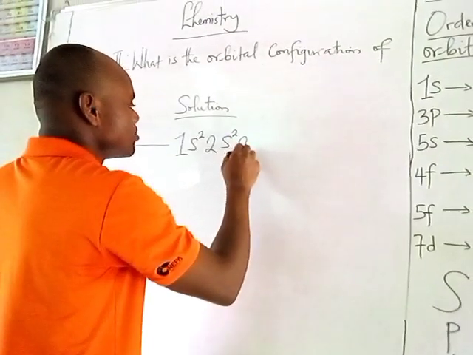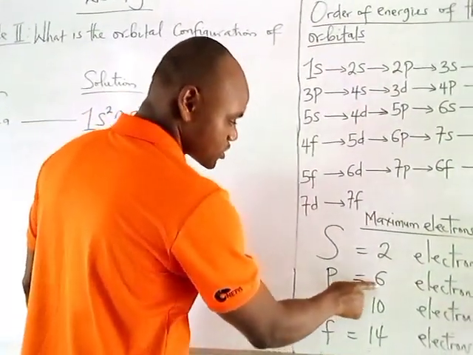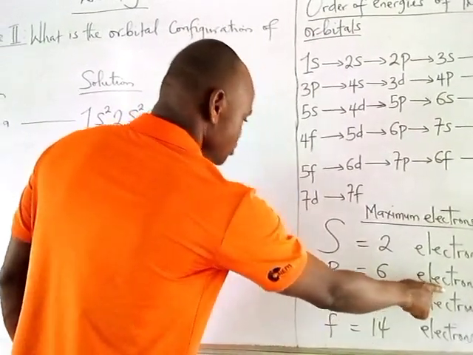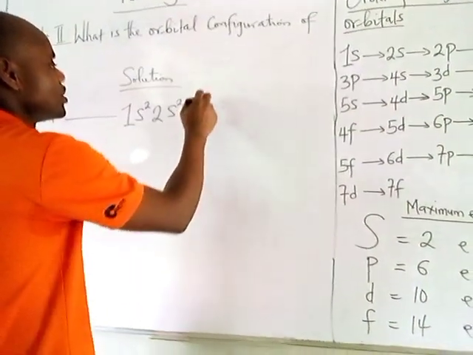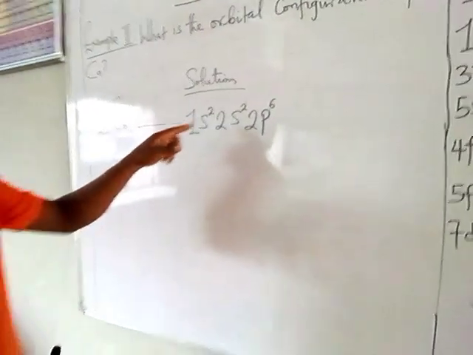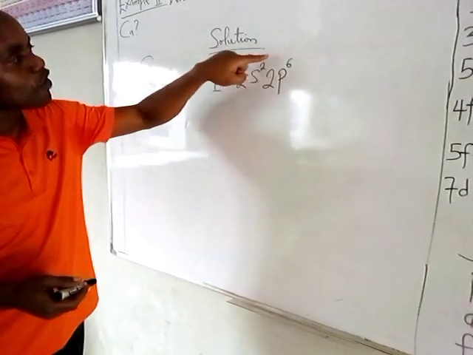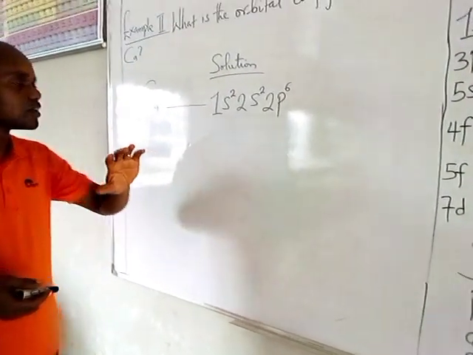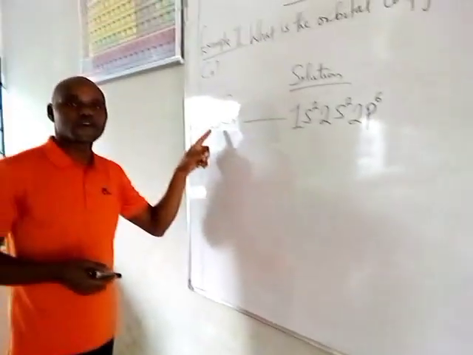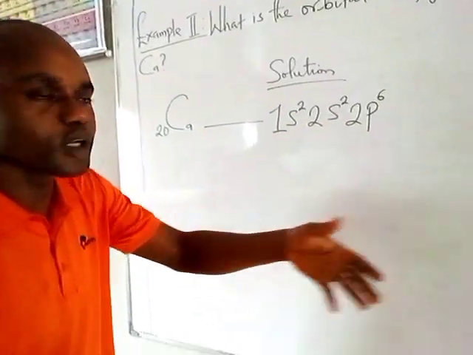The maximum number of electrons that can enter the p orbital is 6. So our 2p will have 6. Now when we start summing the electrons, 2 plus 2 is 4, 4 plus 6 is 10. We said the atomic number of calcium is 20, so we need 10 more electrons.